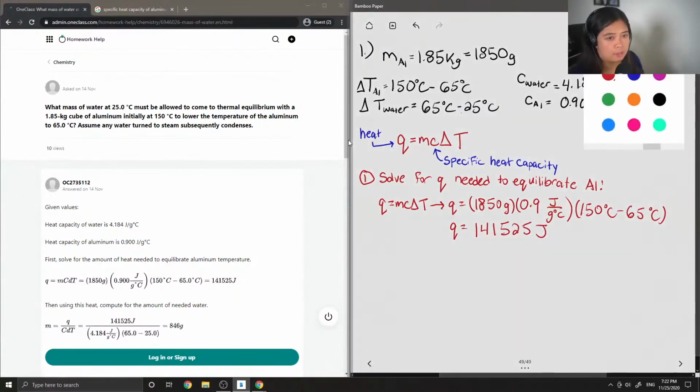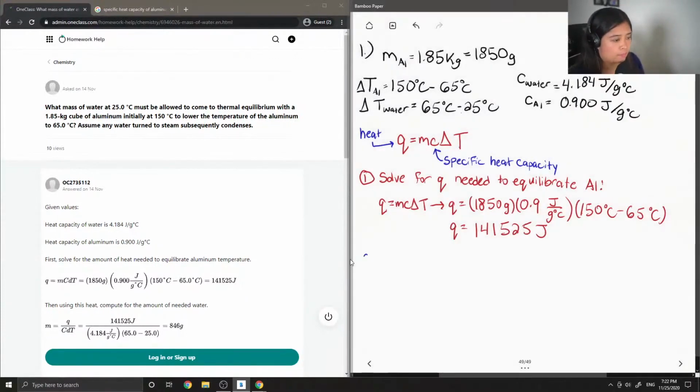Okay, so part 2 of this question is to then solve for the mass of water. Okay, so just rearranging the Q equals mc delta T equation, we're going to do mass is equal to Q divided by C times delta T. So we're going to plug in the Q value that we found in the previous step.